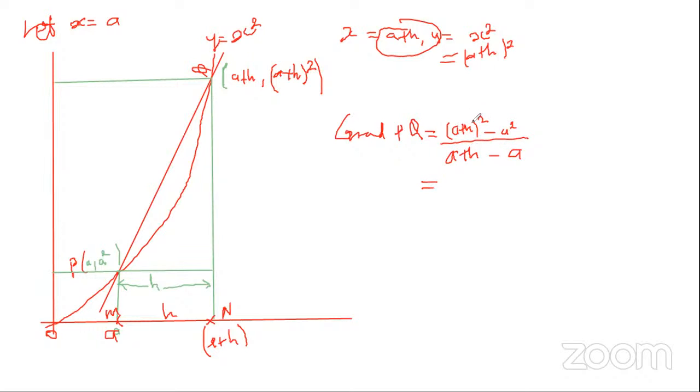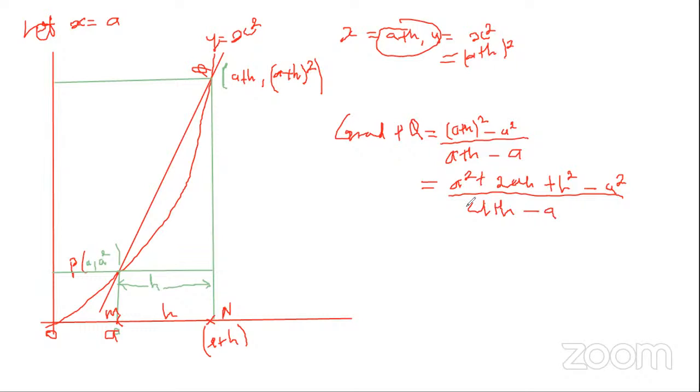So we expand a plus h squared, and that gives us a squared plus 2ah plus h squared, then minus a squared, then everything over a plus h minus a.